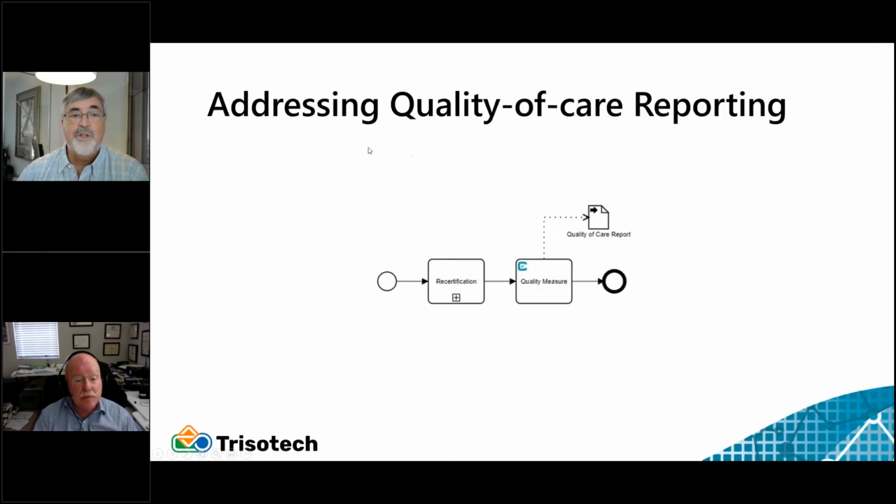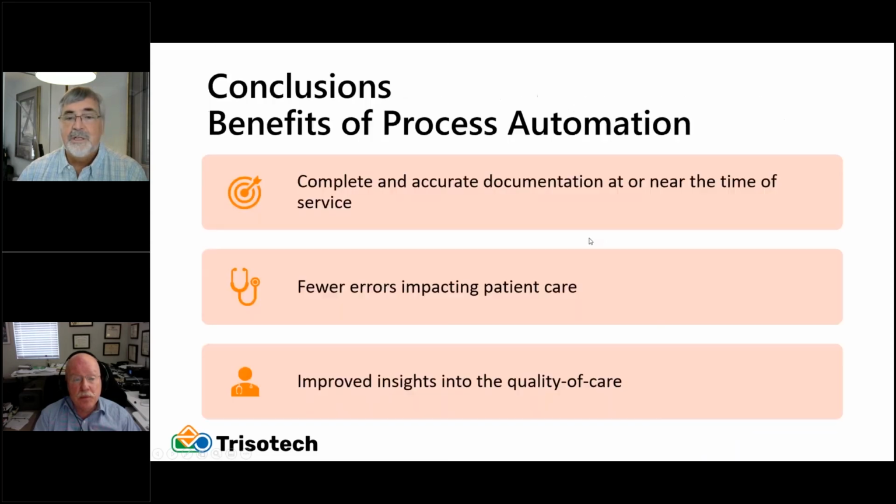And then we can introduce this measure right into the process. So for example, we would do the recertification that we just demoed in the animation there. And once the recertification is complete, we can then run the quality measure and provide a quality of care report.